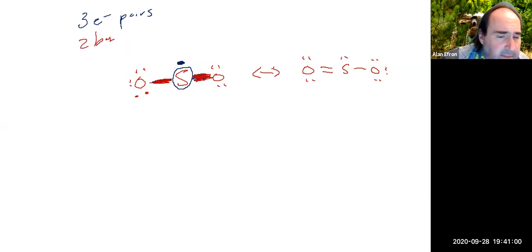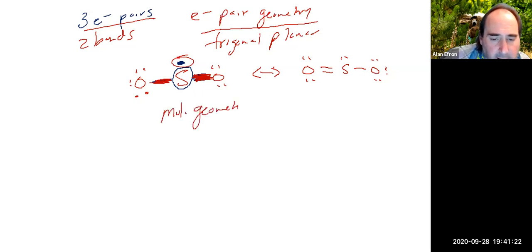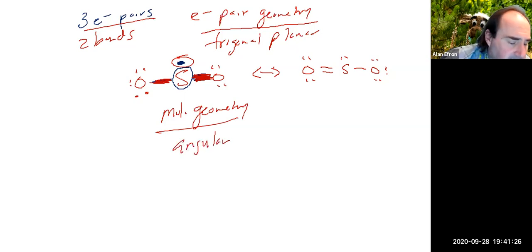So for electron pair geometry, it has 3 electron pairs, which is still trigonal planar. But we have 2 bonds and 1 non-bonding electron pair. So that's going to give us a molecular geometry of angular in this particular case.